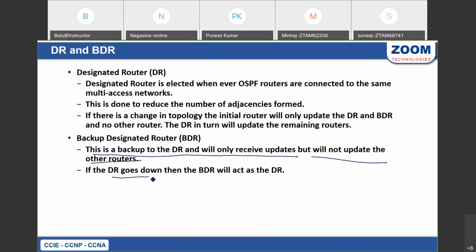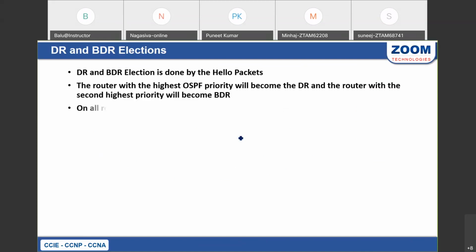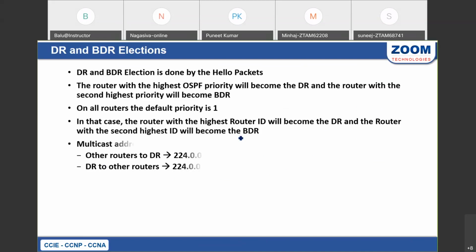When the DR goes down, the BDR will take the role of the DR. Other routers to the DR use 224.0.0.6. DR to other routers is what? 224.0.0.5. Other routers to the DR use what? 224.0.0.6. DR to other routers, 224.0.0.5.